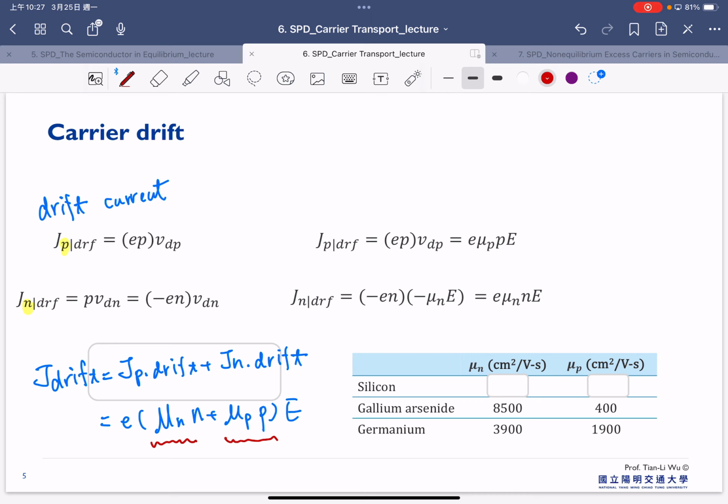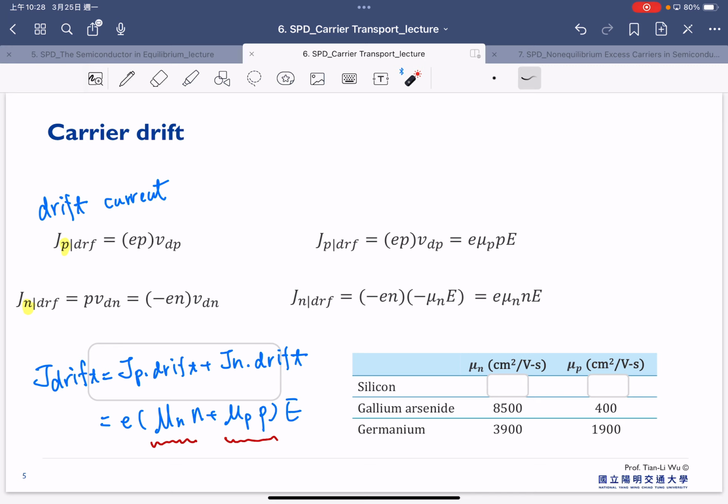And here are some typical numbers. From the last slide, we understand that the basic definition for the mobility only matters with effective mass and mean free time. So that also means this is some constant number related to the material properties.